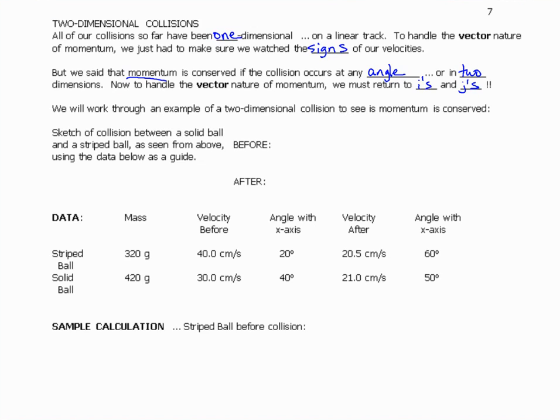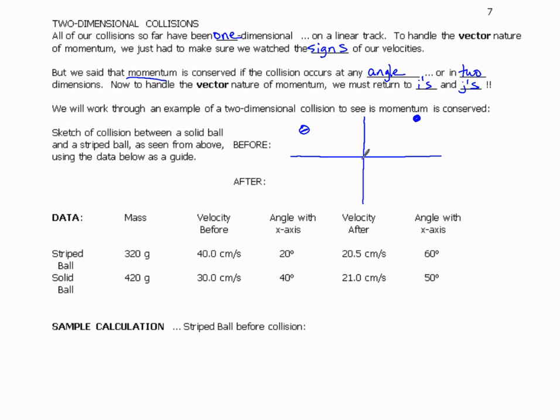So, a sketch of a collision between a solid ball and a striped ball as seen from above. We're going to draw basically like this. We're going to have a striped ball, there it is, and a solid ball here.